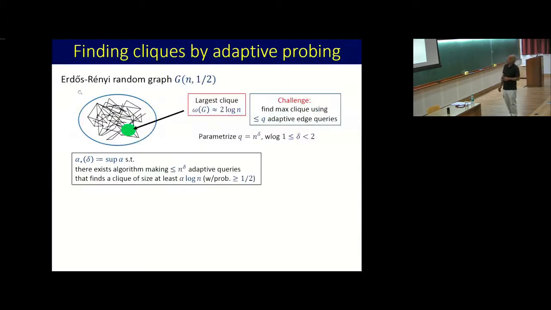Now for any such delta, you can talk about what's the largest clique size, as a fraction between 1 and 2 of log n, that you can find. Because it's a random instance, we want to find it with high probability, or rather, all the talk is going to be at the level of expectations, and we just ask for probability bigger than a half, rather than probability going to 1 or anything fancy.